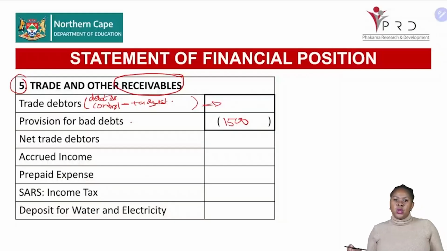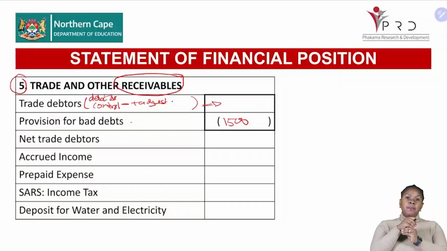And then the change between the 1,000 and the 1,500, that is 500, that is our adjustment. And that adjustment is the one that is stipulated in our statement of comprehensive income. In the trade and other receivables, we are dealing with the actual provision for bad debts, the new one. All right. So you will have the provision for bad debts.